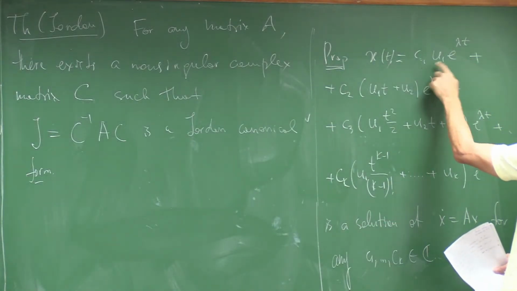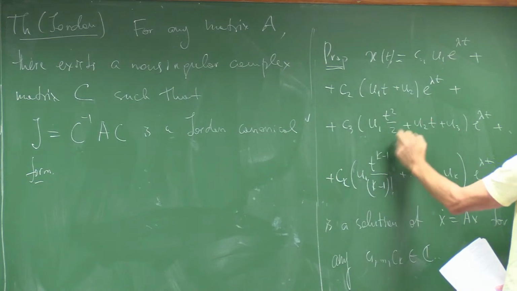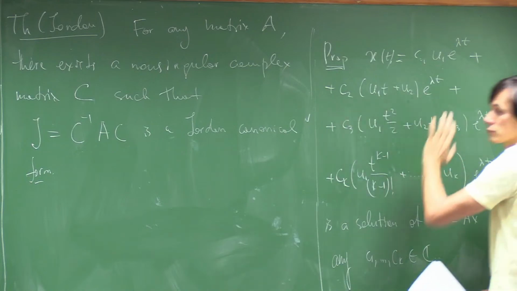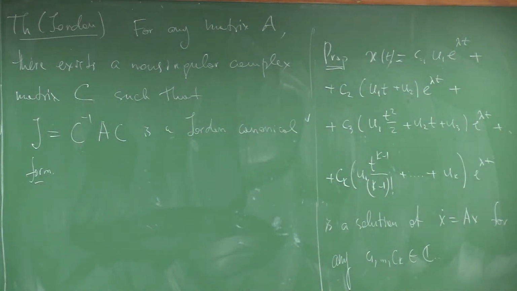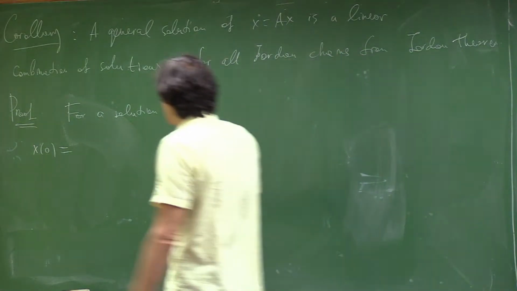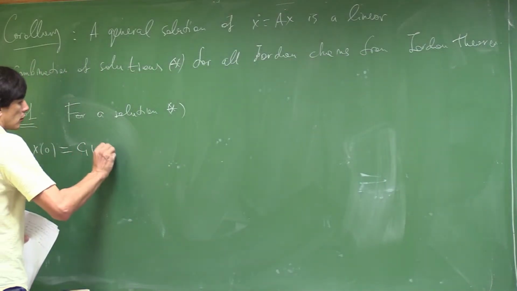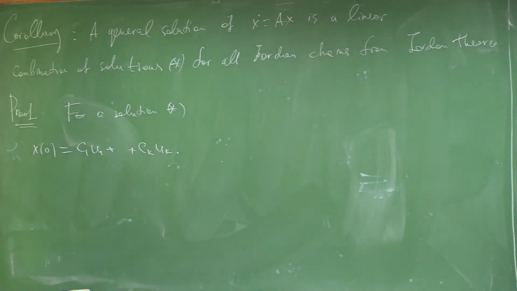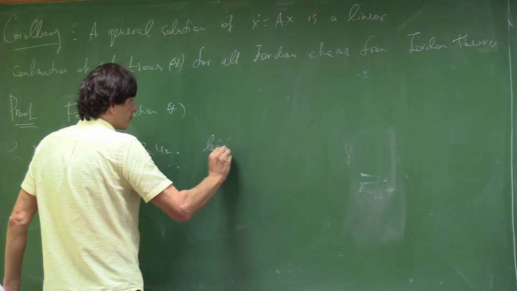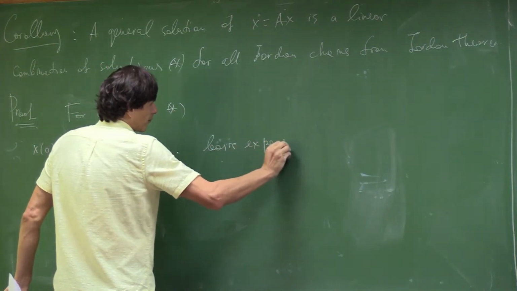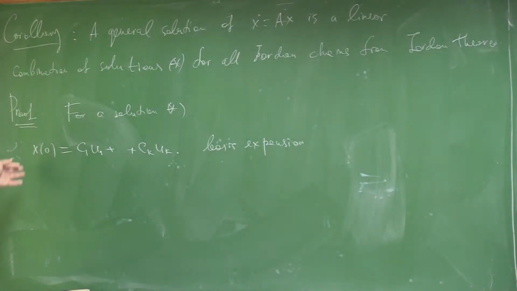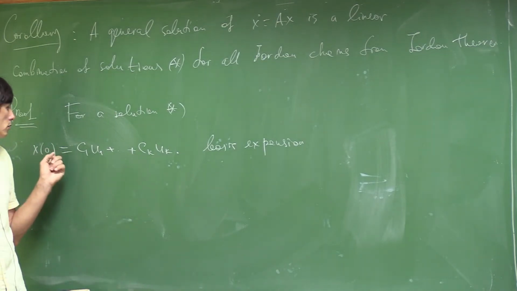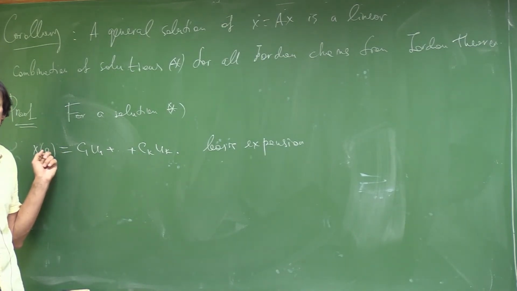So it becomes c1 u1, and the t terms are 0, so c2 u2, c3 u3. You see, everything cancels, so you get just a simple expansion in vectors. This is just a basis expansion. Since all the Jordan chains together form a basis, you can satisfy the initial condition.